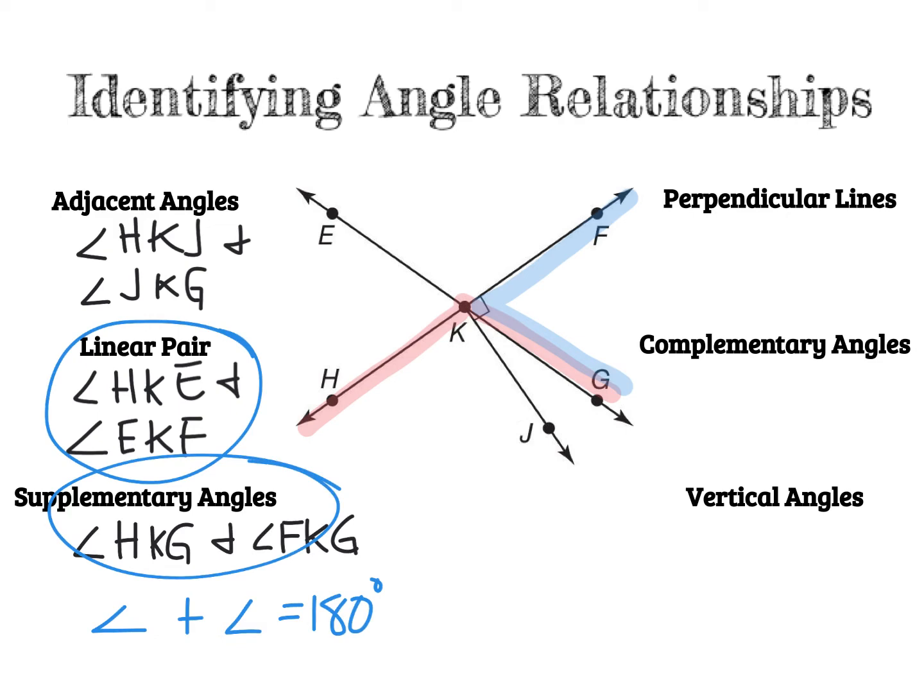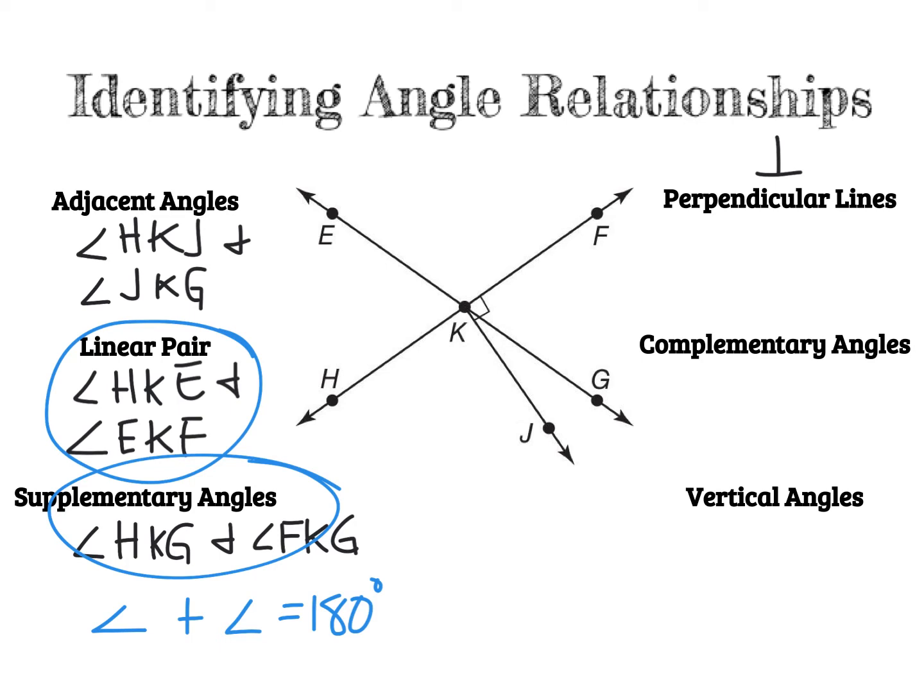Let's talk about the other side. So here we have perpendicular lines. Perpendicular lines is when two lines intersect and they form a right angle, a 90-degree angle. And the symbol that we use for perpendicular lines is this upside down T. That means that two lines intersect and form a 90-degree angle.